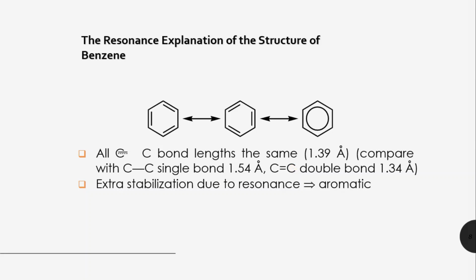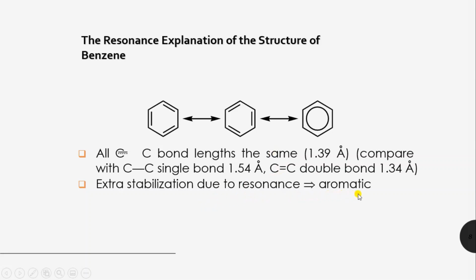So there you can see that there is a variation in the bond length in cyclohexene, and this is the basis why the addition reaction happens very easily in cyclohexene compared to the benzene ring, where all the bond lengths between carbon and carbon are equal. That's why for the benzene ring it is very difficult to undergo the substitution reaction.